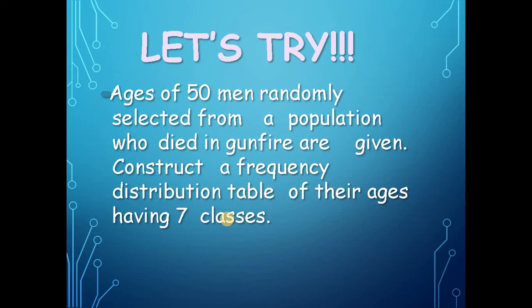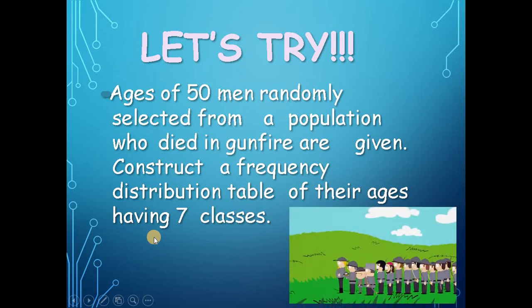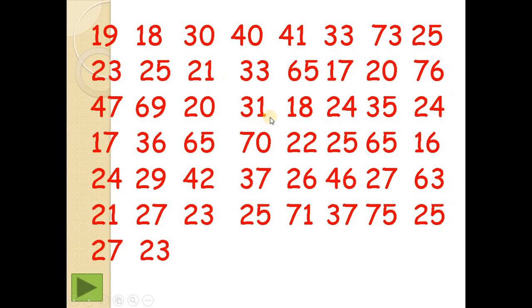So here we are given 7 classes from the data. So where is the data? Okay, there's the soldier. So these are the data. The data has 50 men. So if you count from 19, 18, 30, 40 until 23, we have 50 men or values.